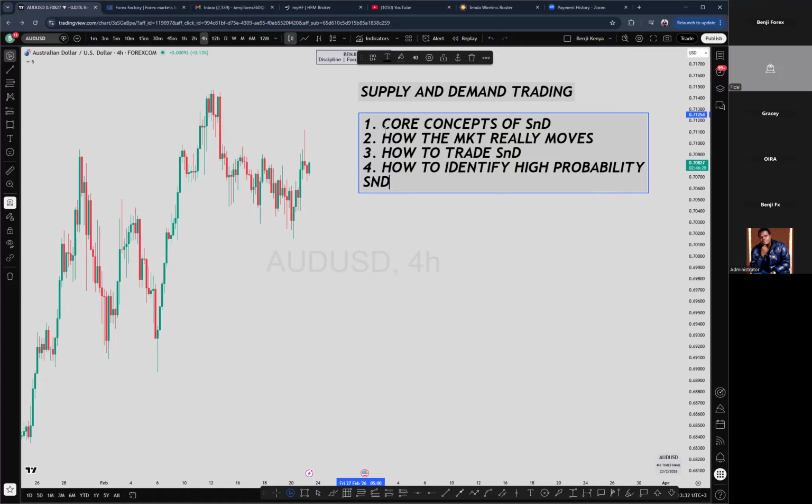Previously, I used to trade just like any other trader, with trend lines, support and resistance, and moving averages. That was my thing back then in my first and second year. Then I learned about supply and demand, and I was able to understand how the market really works.